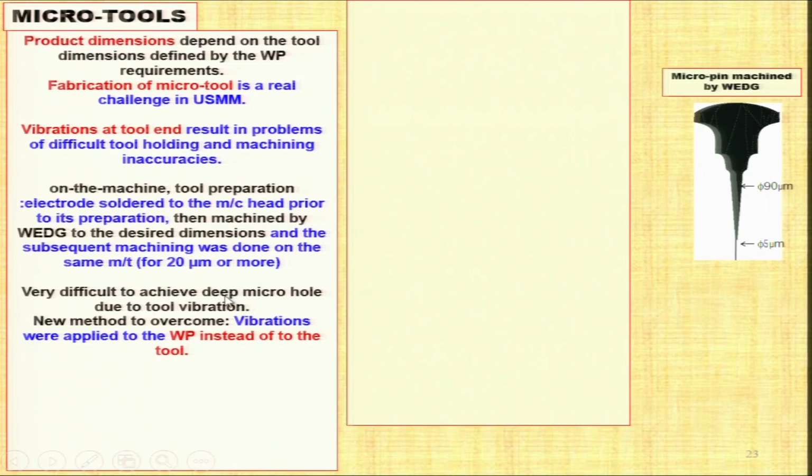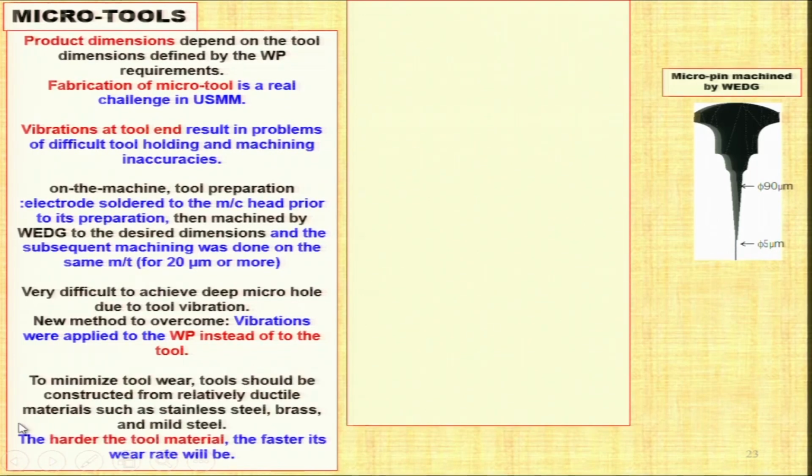It is very difficult to achieve a deep micro hole due to tool vibration. New methods to overcome vibrations were applied to the workpiece. We have already seen it. To minimize the tool wear, tools should be constructed from relatively ductile materials such as stainless steel, brass and mild steel.